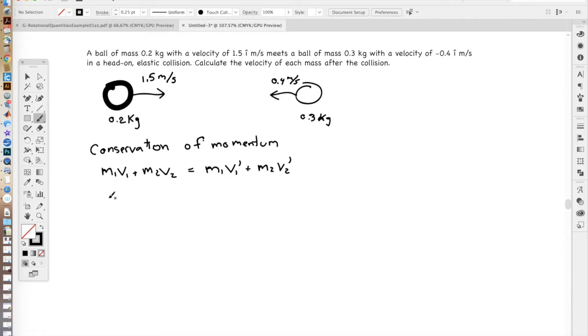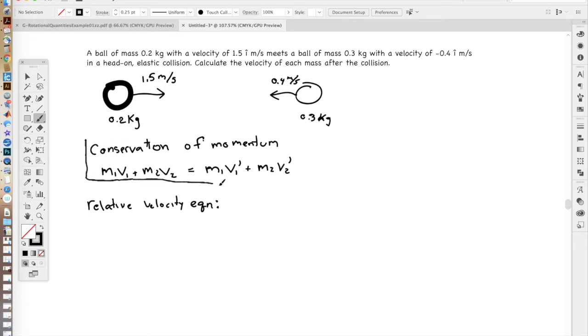We're going to combine this with the relative velocity equation. Okay, so let me see if I can put a big box around this.